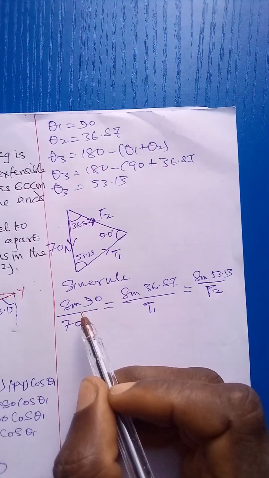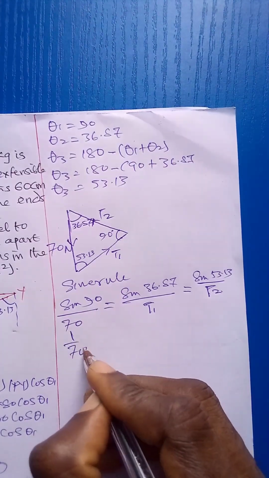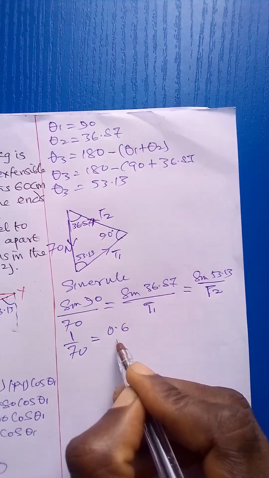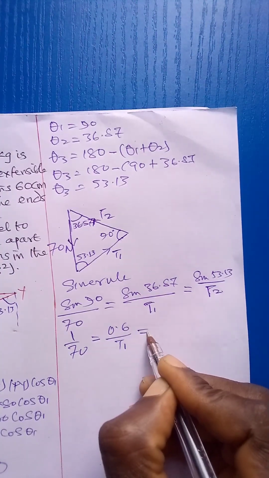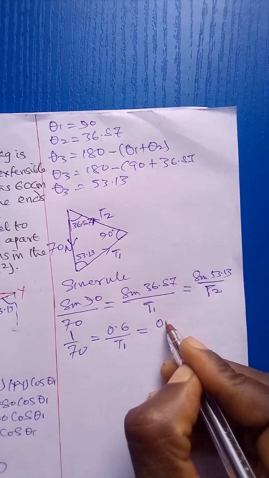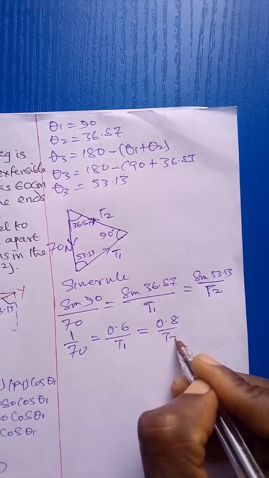Now sine 90 is 1, so I have 1 over 70. Sine 36.87 is 0.6, I have 0.6 over T1, and sine 53.13 is 0.8 over T2.